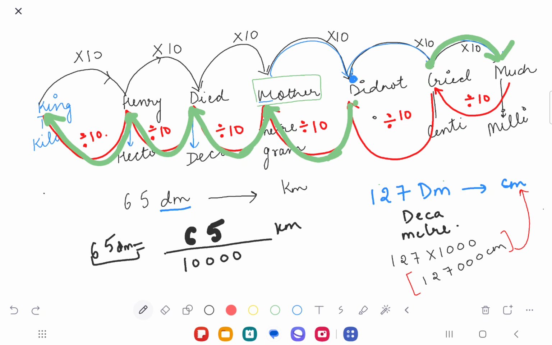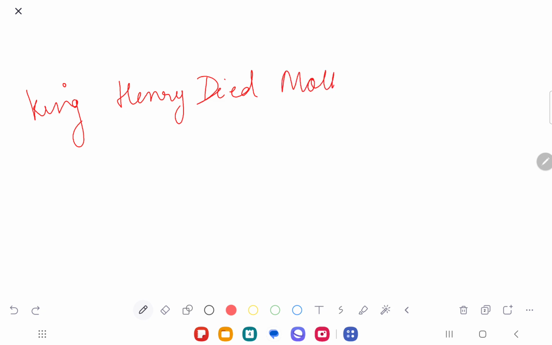Now, one more thing we have to learn today. So this was the conversion part, and it was a very, very important part. So the sentence that you have to shout now: King Henry died. Mother didn't cry much.